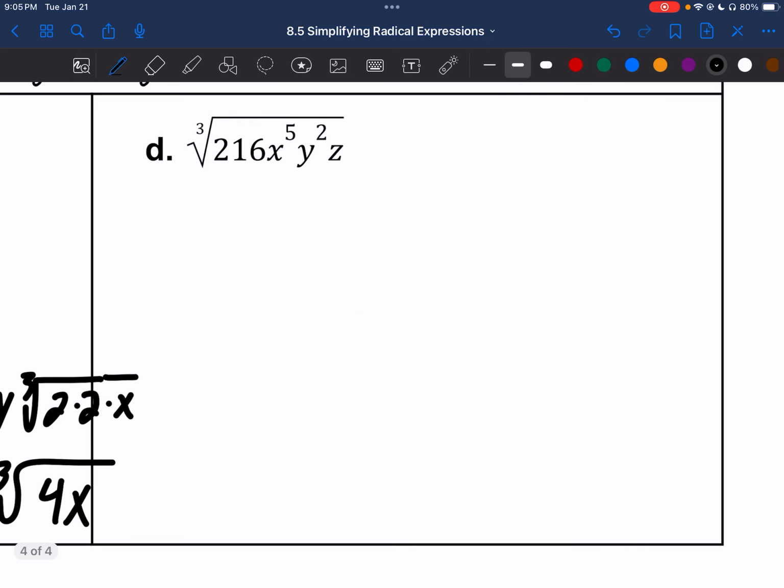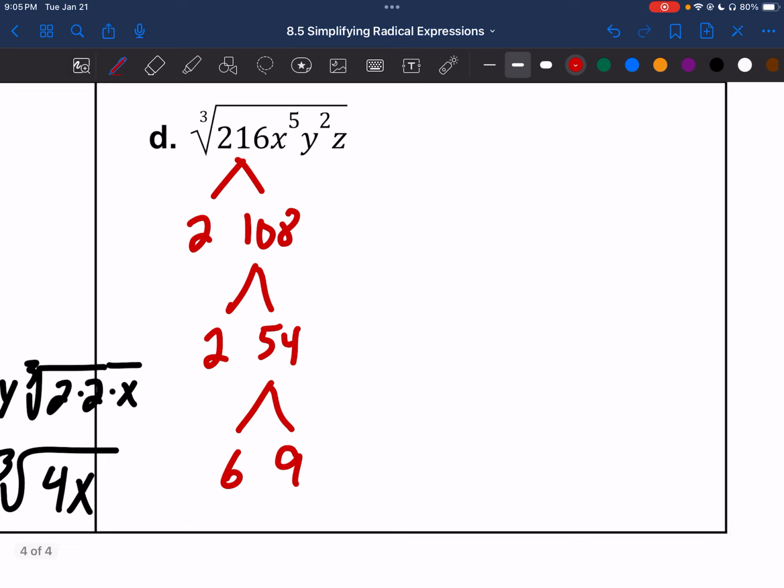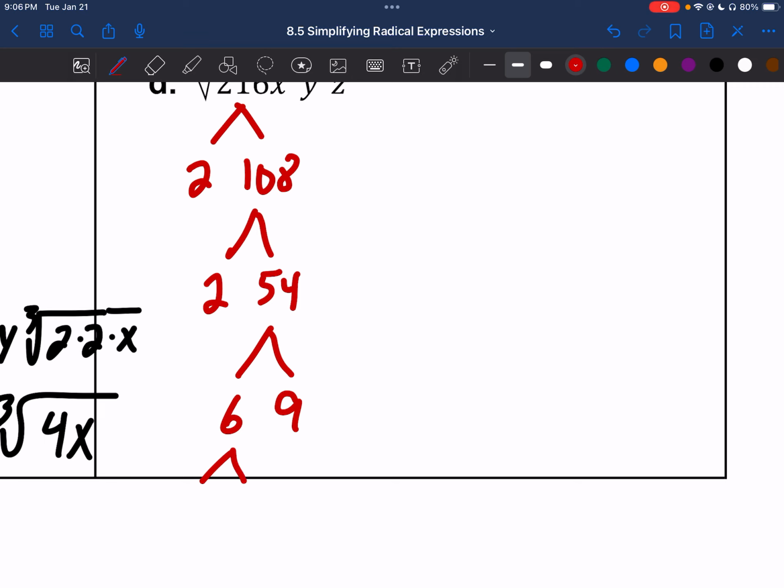All right, letter D. You are taking the cube root again. So 216, I don't know factors of that. I know that's going to be a 2 though, because it's even. And when I do that, it's 108. 108 breaks into 2 and 54. 54 breaks into 6 times 9. 6 breaks into 2 times 3. 9 breaks into 3 times 3.